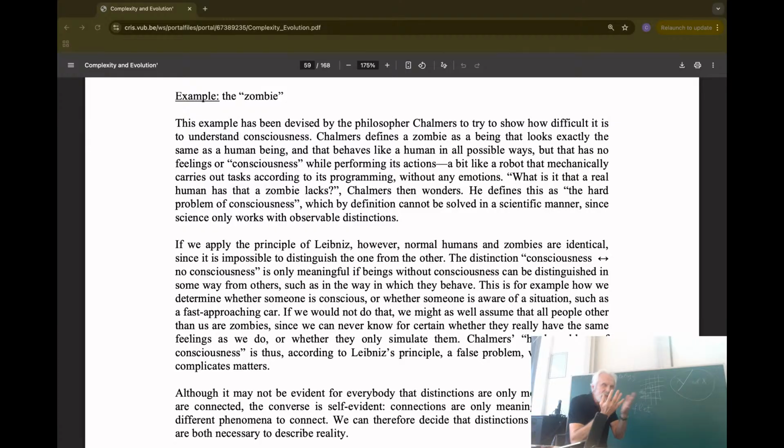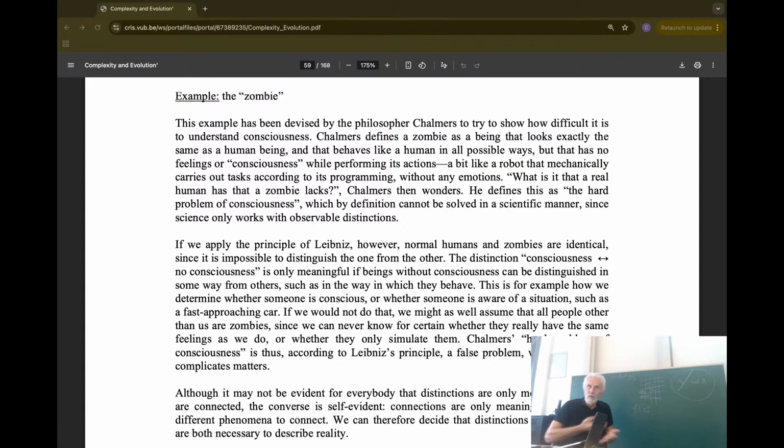The problem is that he made up a problem where there wasn't any problem, which does not mean that consciousness isn't a difficult problem. But consciousness is a problem you can look at scientifically because there is a difference between somebody who is conscious and somebody who is not conscious. It's pretty obvious when somebody is unconscious. There are quite a lot of differences between a conscious state and a non-conscious state.